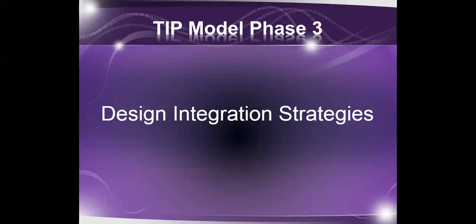Phase three of the TIP model is to design integration strategies. At this point, you want to use some type of directed or constructive approach. You want to ask yourself what kind of instructional methods are needed, and make sure what strategies will work best.